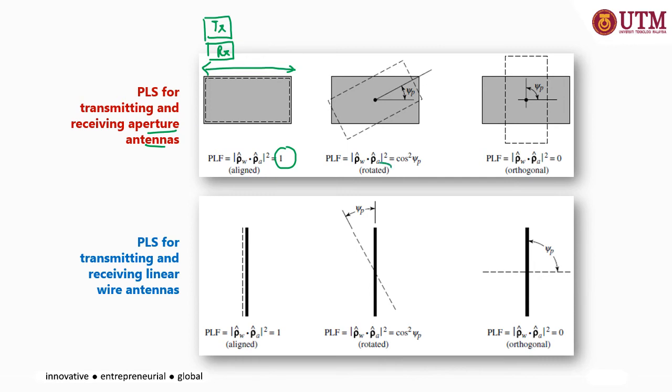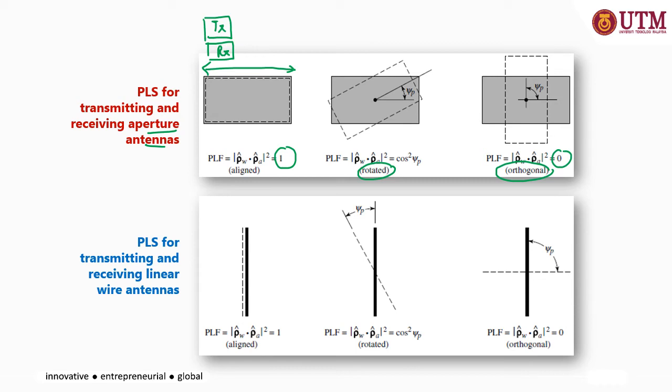PLF equals 0 when the polarizations of both components are orthogonal to each other.